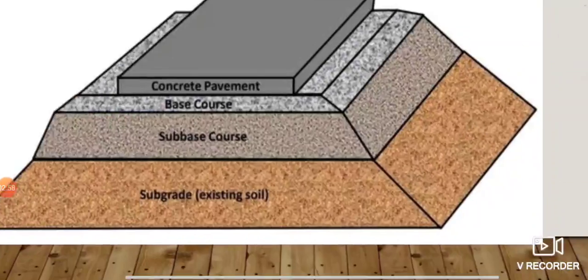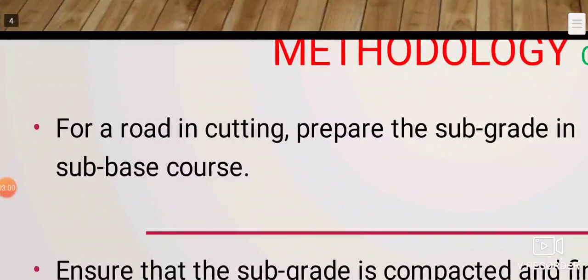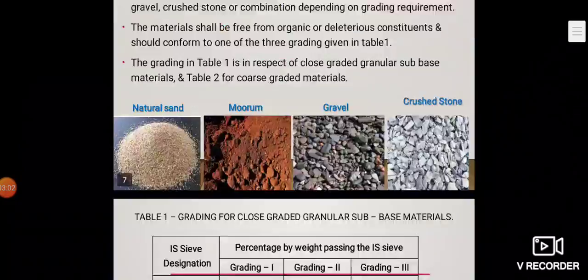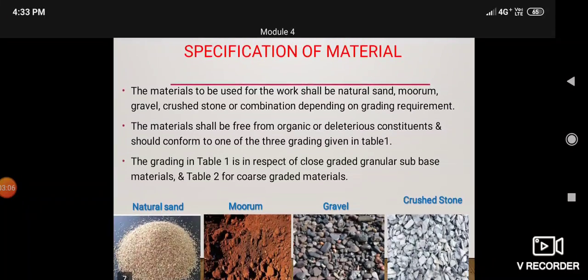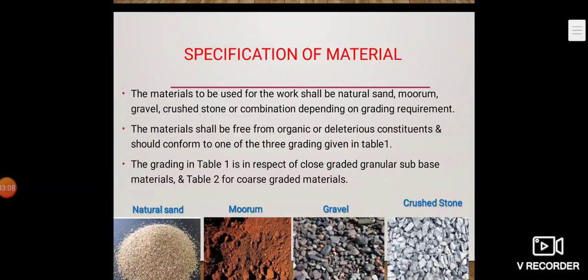And we'll see the materials specifications of this GSB, specifications of the materials. So what are the materials which are generally used as a granular subbase layer?